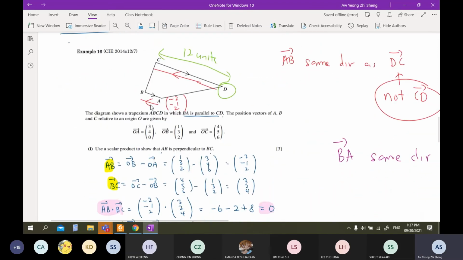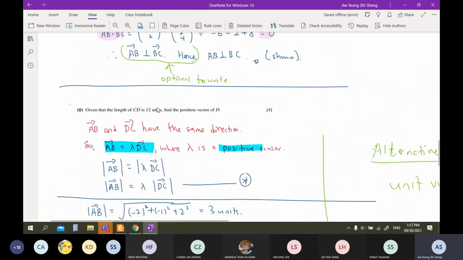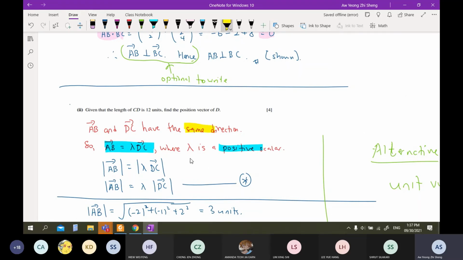So why do I say it's important to know same direction and not only parallel? If you use the method that I'm using here, having the same direction allows me to know that the scalar coefficient lambda must be positive. And it is because of lambda being positive that allows me to remove modulus from my yellow circled lambda here.